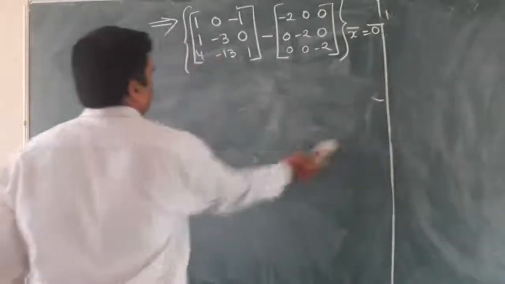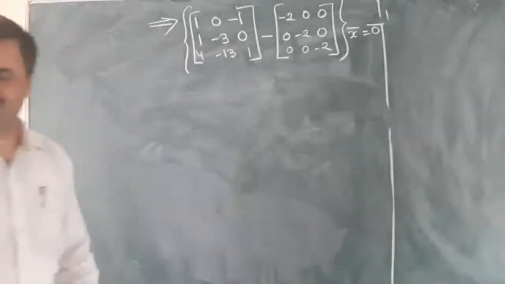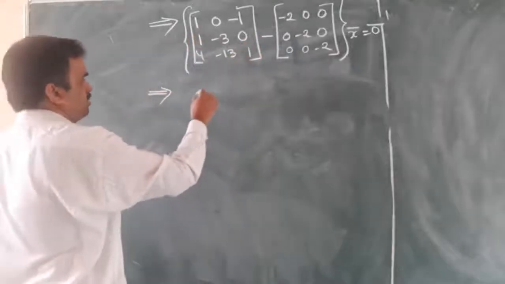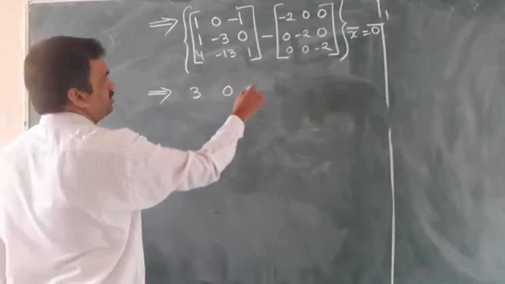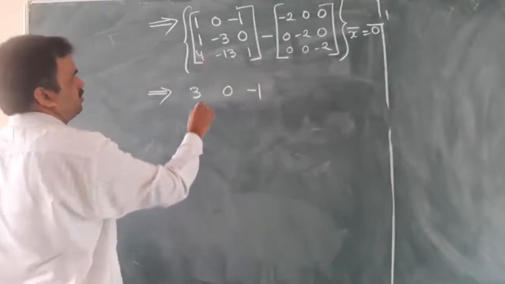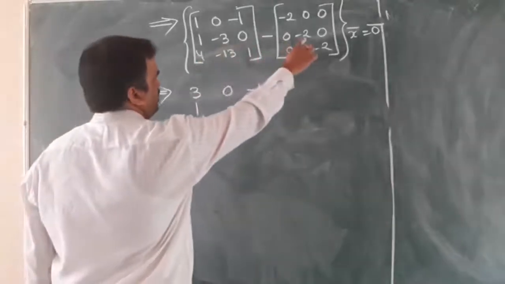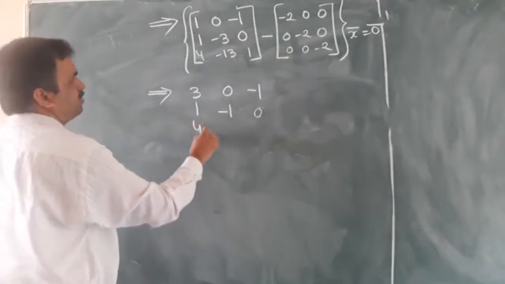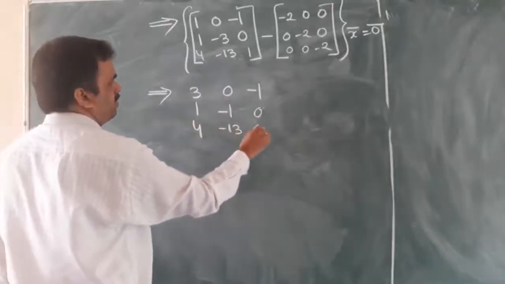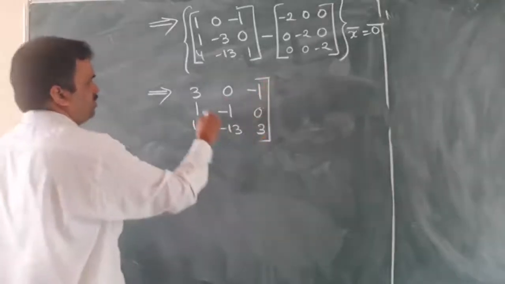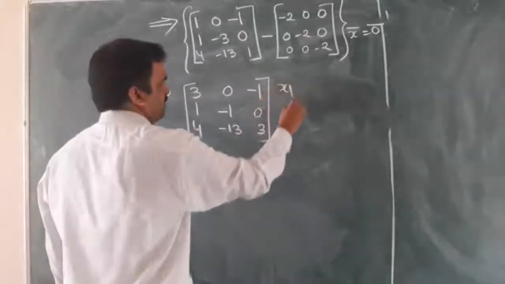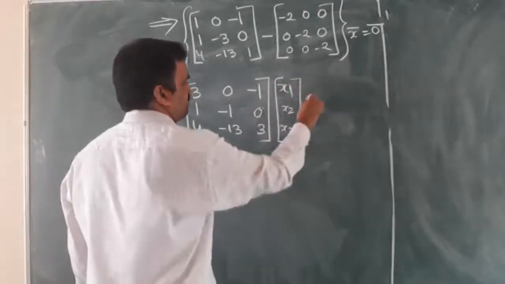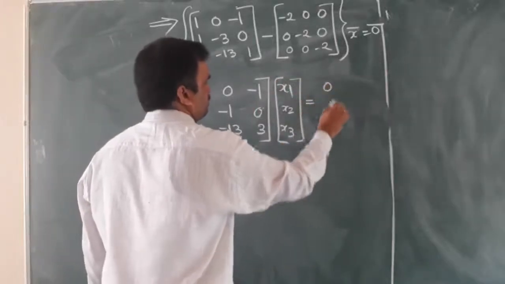Now simplify this. It implies 1 minus of -2 plus 2, 1 plus 2 is 3, 3, 0, minus 1. 1 minus 3 minus of -2 plus 2, that will be -1, 0, 4 minus 13, 1 plus 3, times x1, x2, x3 equal to 0, 0, 0.